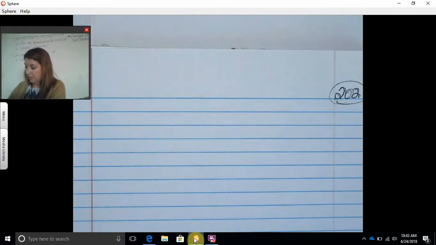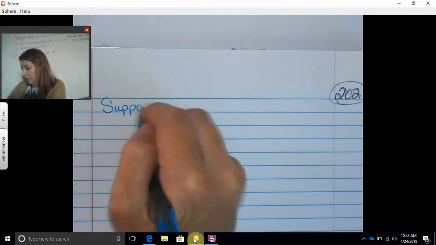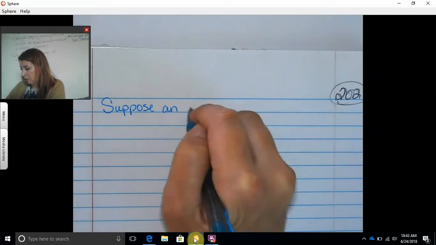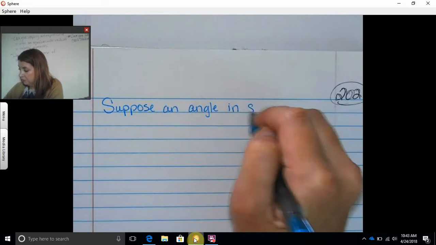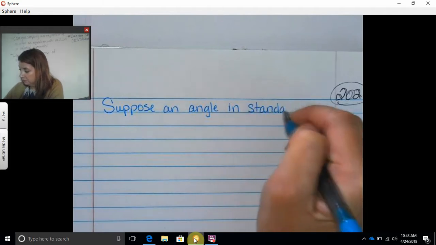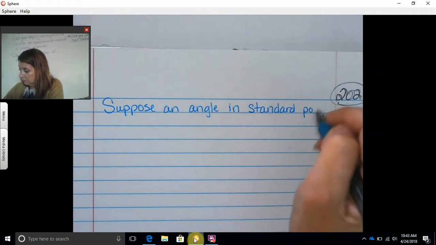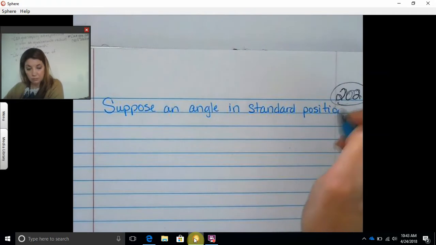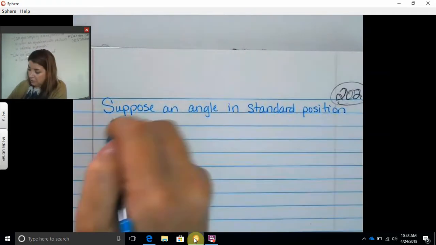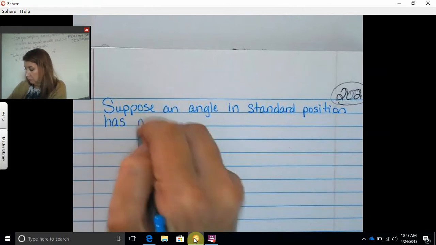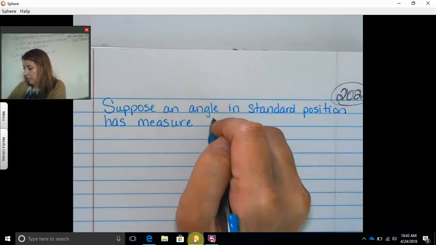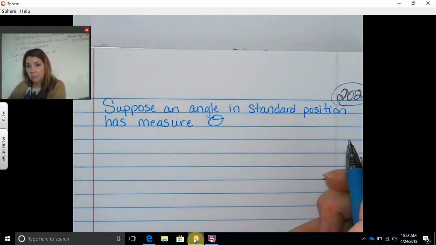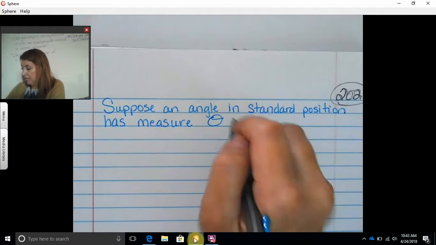Suppose an angle in standard position has measure, and this is a little symbol. It's kind of like an O with a little loop through it. That's called theta.